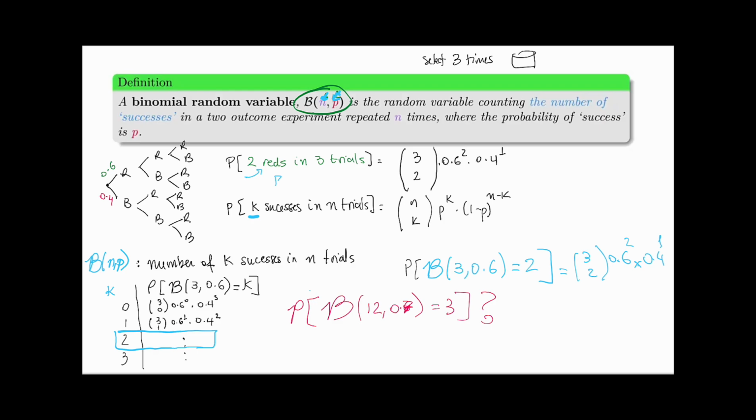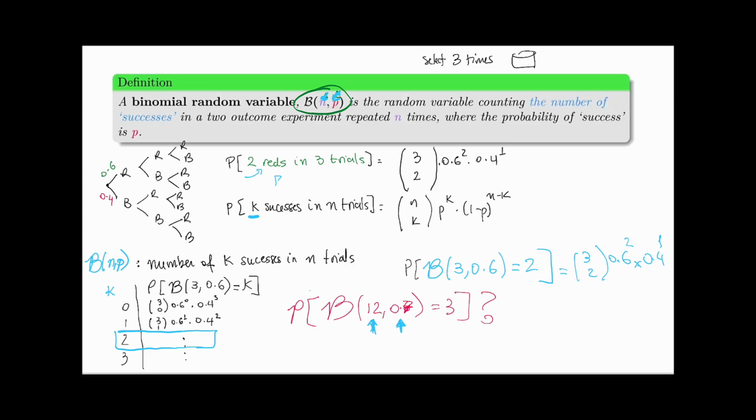So what is this? John was tossing a coin 12 times, right? So I have a binomial random variable there because it's a repeated trial. The binomial random variable is the variable of repeated trials. 12 times is the number of trials. It's an unfair coin, and the probability that you have heads, for example, is 0.7.